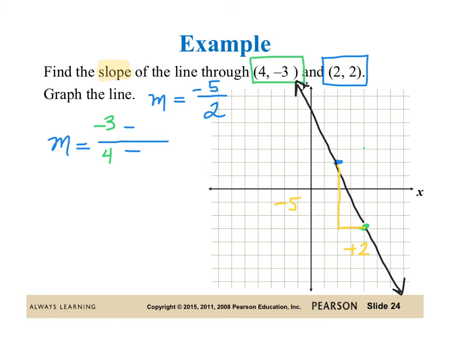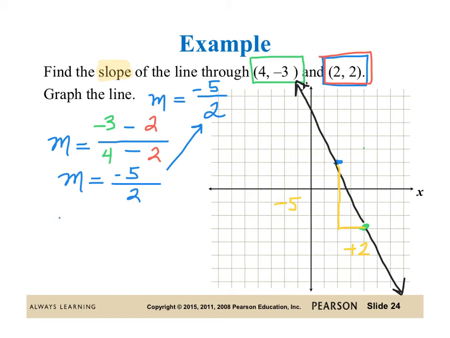And then the second point, which I'll indicate in red to make it distinct, is 2, 2. So x is 2 and y is 2. When I calculate the slope this way, I get -3 minus 2, which is -5, over 4 minus 2, which is 2. And that's what I got by counting.